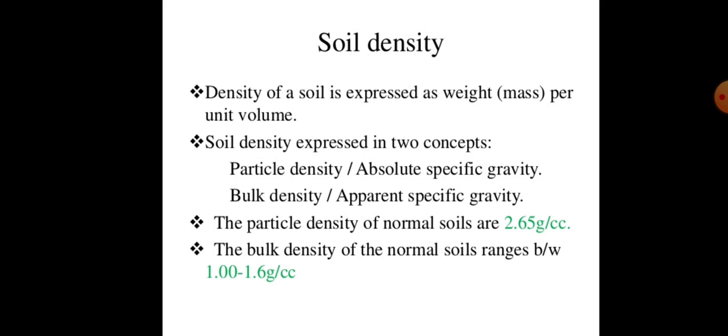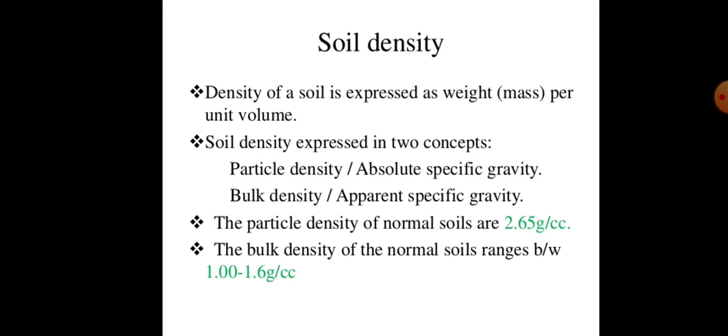Then the next one is soil density. The density of a soil is expressed as weight, that is mass per unit volume. Soil density is expressed in two concepts: particle density or absolute specific gravity, and bulk density or apparent specific gravity.